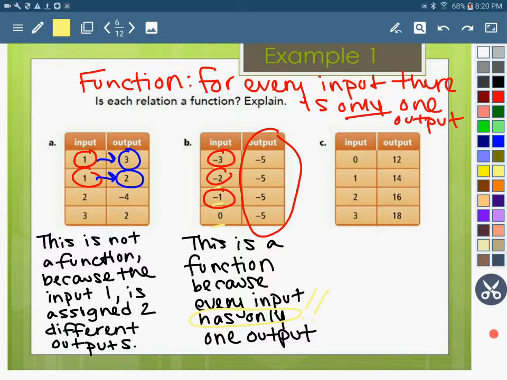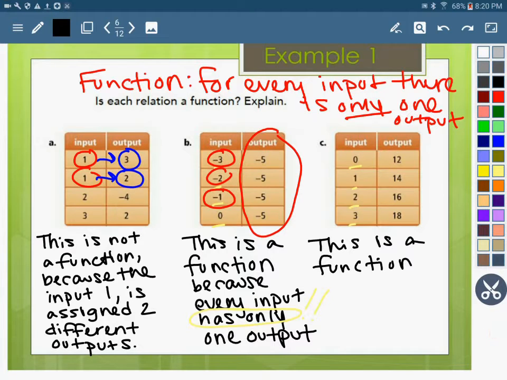function. Now when we look at C, I again am seeing no repeating in the input column. So just by seeing that there's no repeating, I can assume that none of the inputs are assigned to different outputs. So this again is a function. And I'm just going to repeat writing the definition because it's always good to repeat writing out the definition so that when you get to the test, you never forget it.